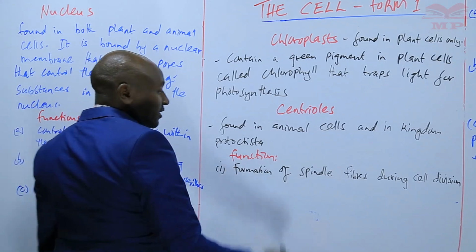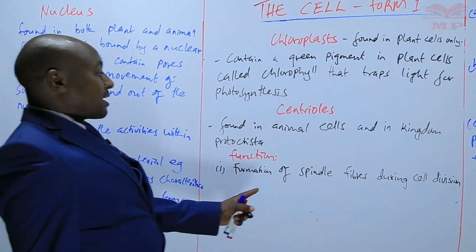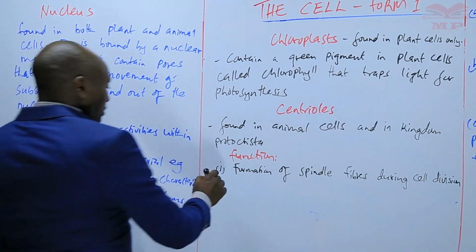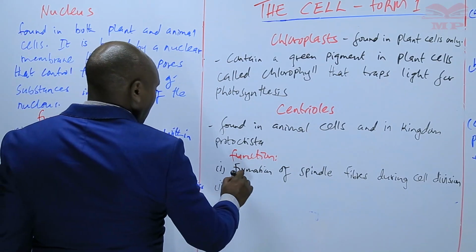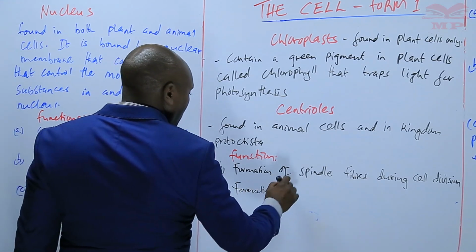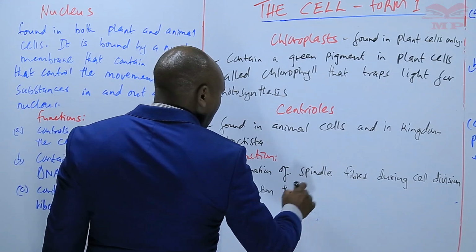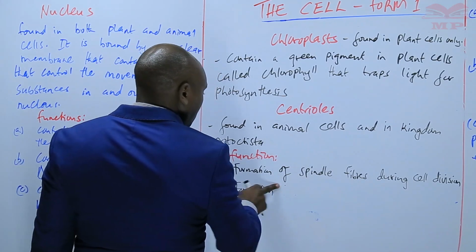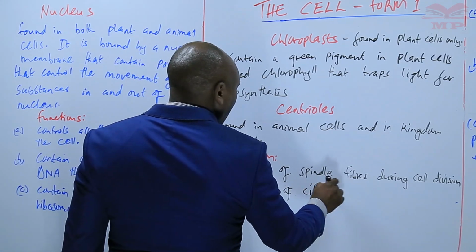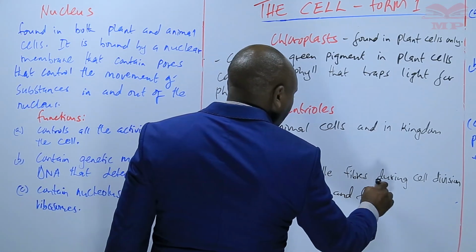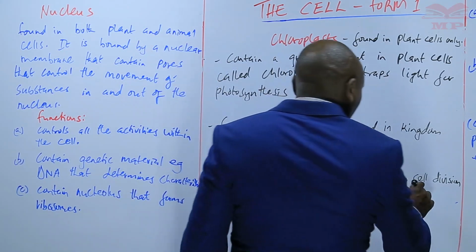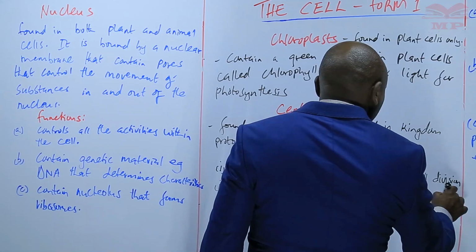So the spindle fibers that help in cell division come from the centrioles. Number two, they also form cilia and flagella in organisms where they exist.